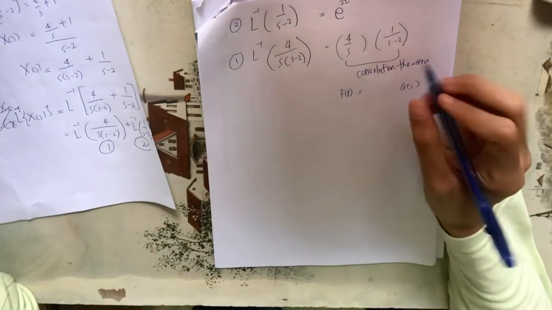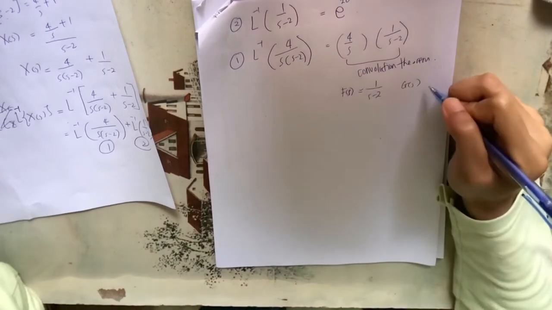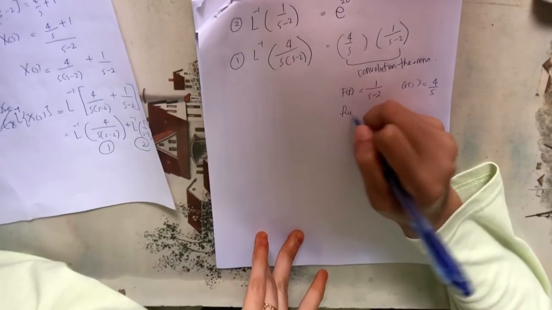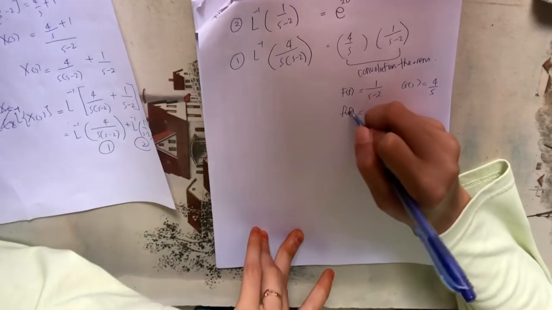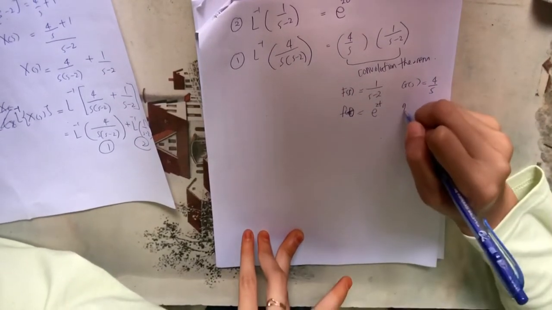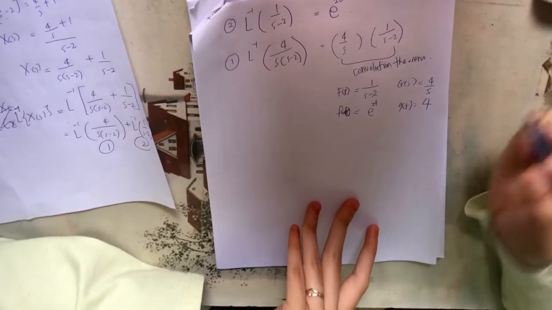Let's say my Fs I choose 1 over S minus 2, my Gs I choose 4 over S, and then you need to find your Ft first. So your Ft here is e2t, and your Gt here is 4.